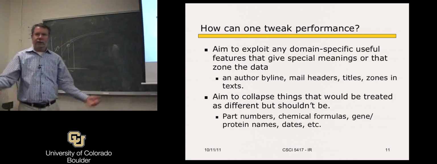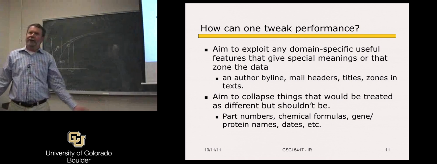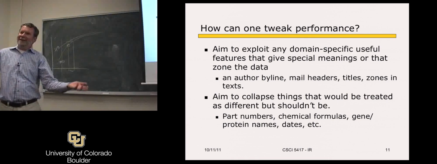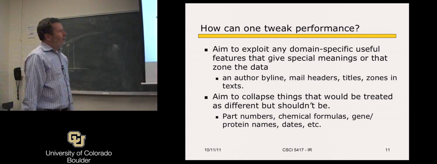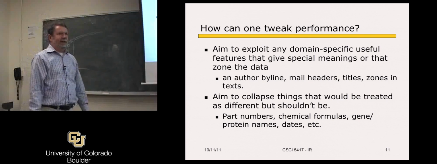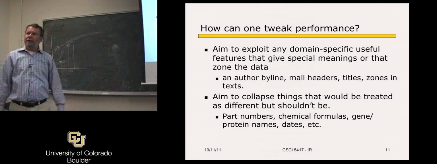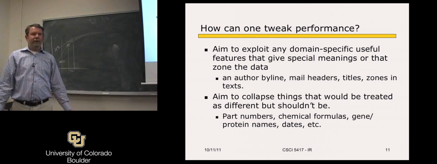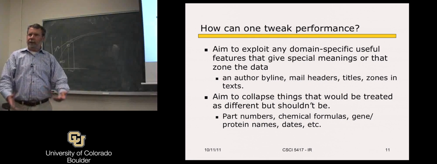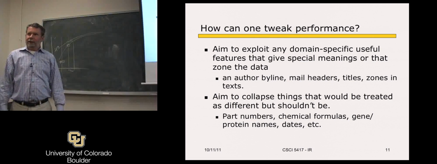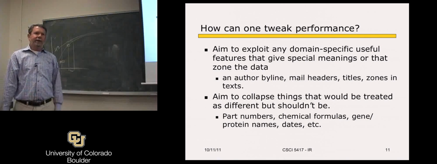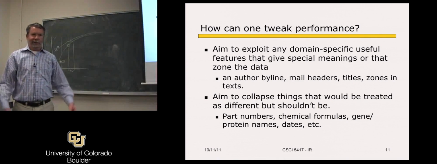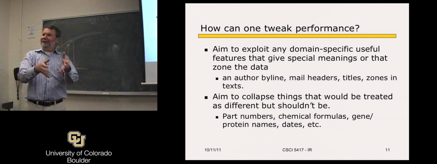Okay. How do you tweak things? Well, you do all the intelligent things that you were trying to do on the homeworks. Lots of domain-specific things. Like, it turns out that if you're dealing with newspaper text, one of the things that people always throw away, for New York Times, Wall Street Journal, whatever, is the author. Well, there's only a fixed number of authors at most newspapers these days, and the number is dwindling.